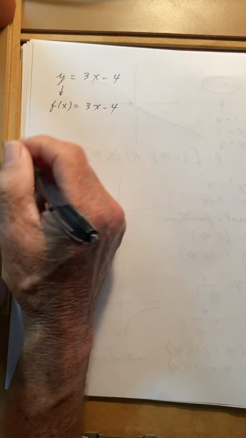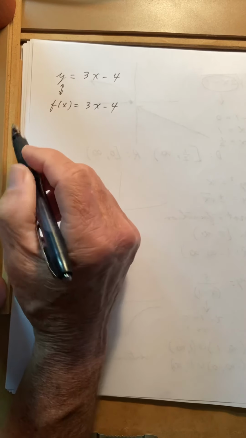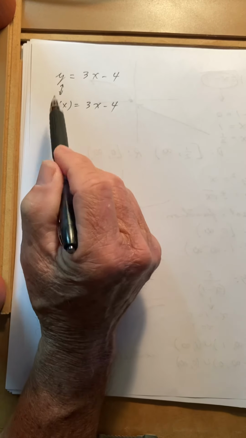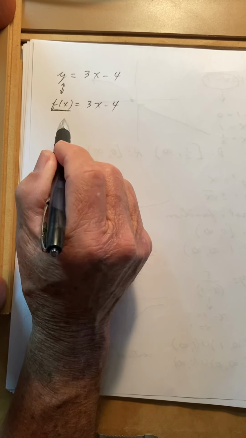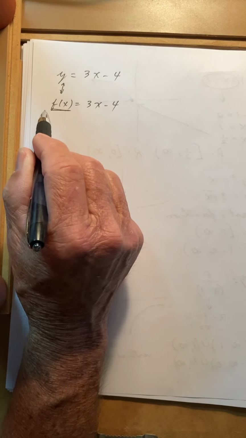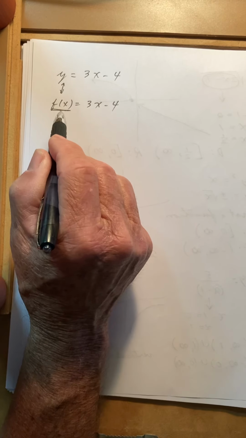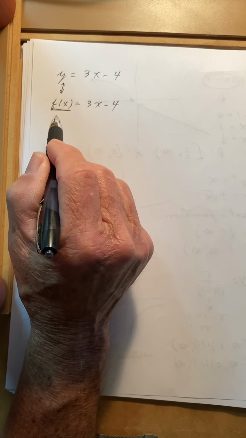So these are interchangeable. It's just a matter that when we know something is a function, we use this, which we read as f of x. F is a function of x. It's not f times x.